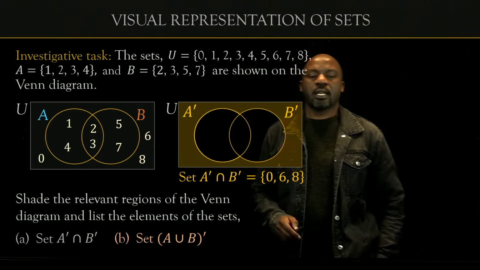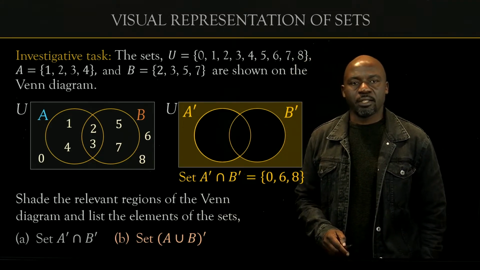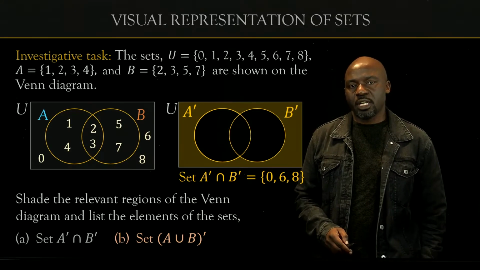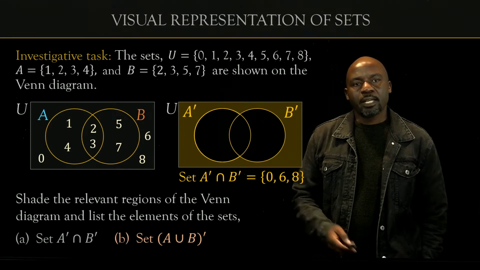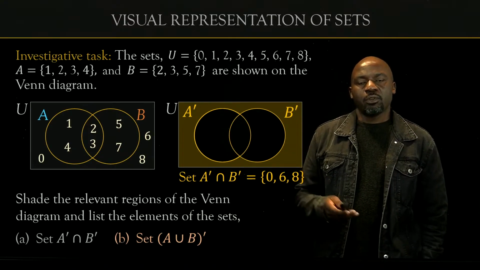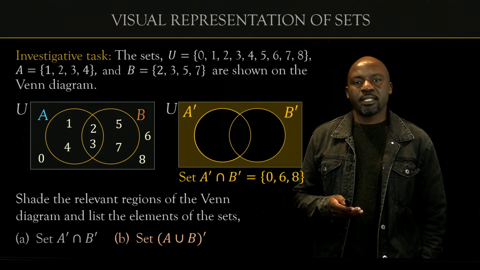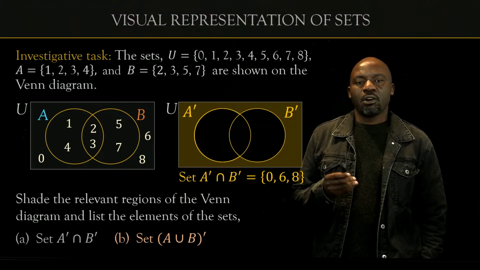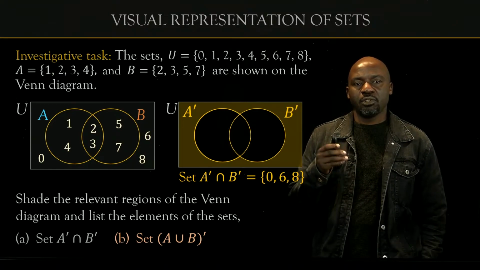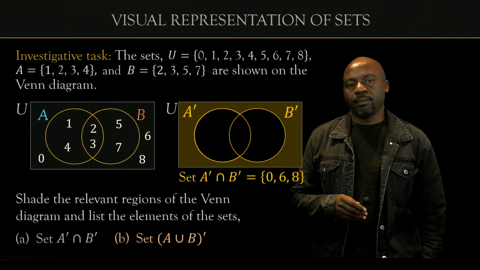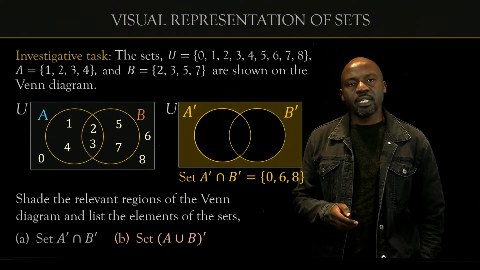That is a result that I expect you to be able to see easily by just shading out the regions. You can refer to it as A complement intersection B complement, or as (A union B) complement. It means the same thing.